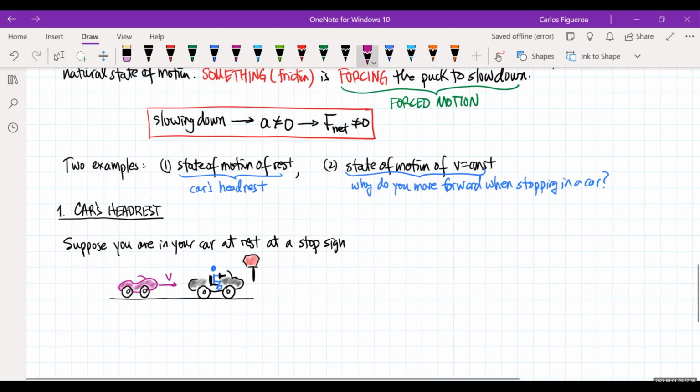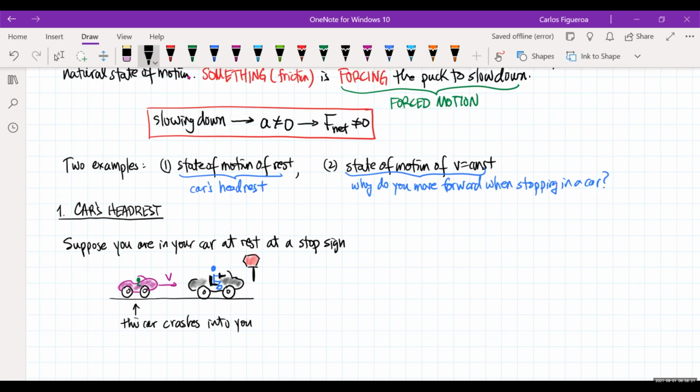And when you look at this car, you see that it is going to rear end you. In other words, this car crashes into you.